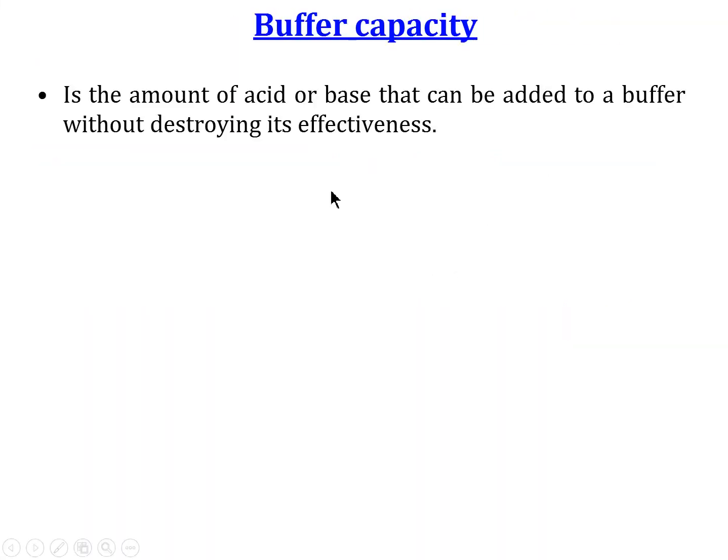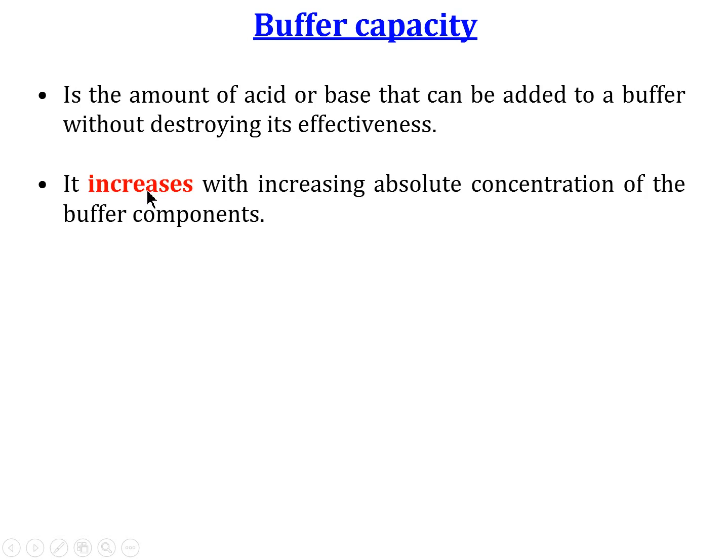Buffer capacity. By definition, the buffer capacity of a buffer solution is the amount of acid or base that can be added to the buffer without destroying the pH of this buffer. In general, the buffer capacity increases when the concentration of the buffer components increases.